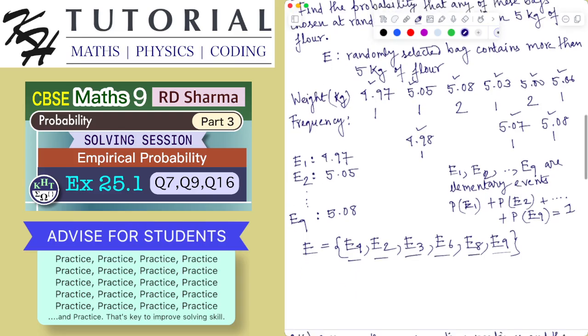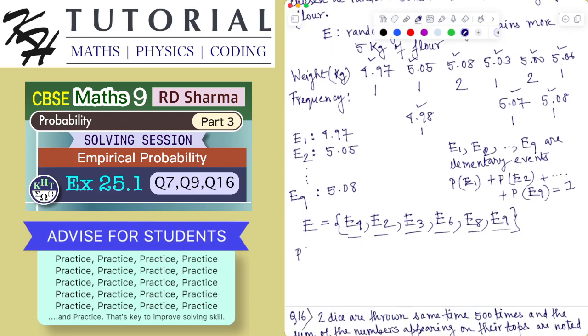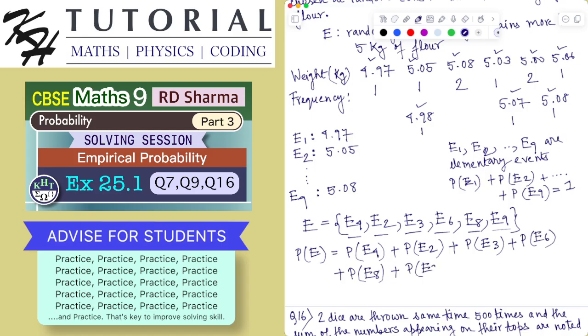So probability of the event will be equal to probability of E4 plus probability of E2 plus probability of E3 plus probability of E6 plus probability of E8 plus probability of E9, because all these elementary events will satisfy the condition of the event.